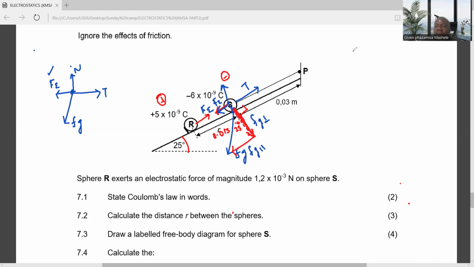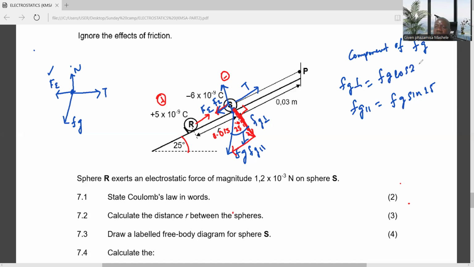So we have components of force of gravity on sphere S. We have FG perpendicular and FG parallel. One must use sine, one must use cos. What is our angle? 25. So this is the opposite, the one that will use sine 25 degrees, and this one will use cos 25 degrees. But we know FG, it's mg.